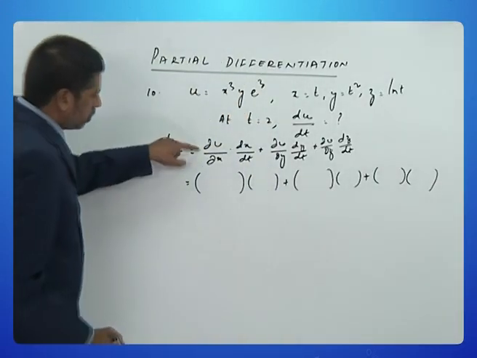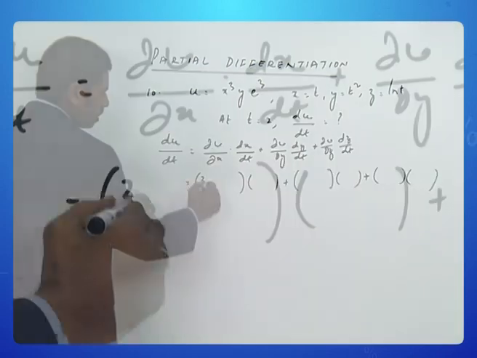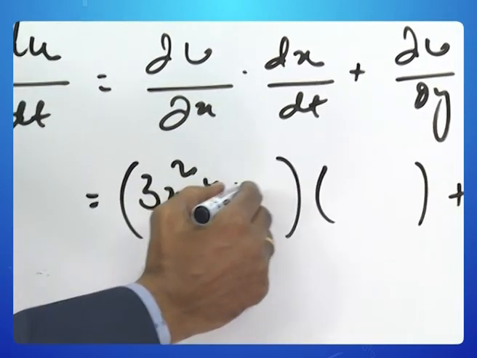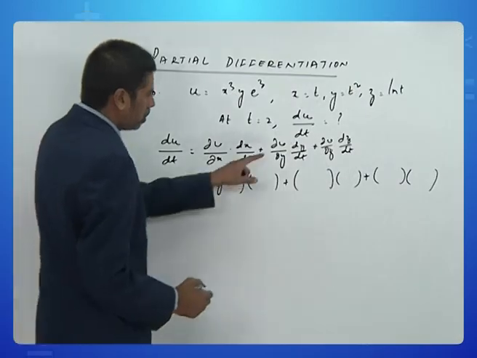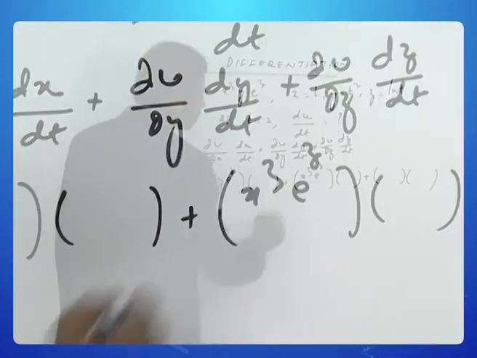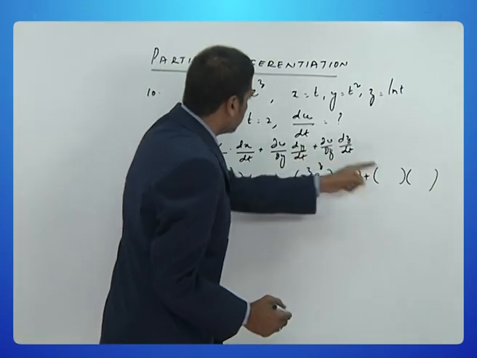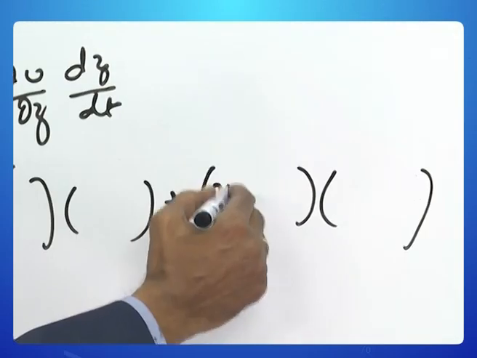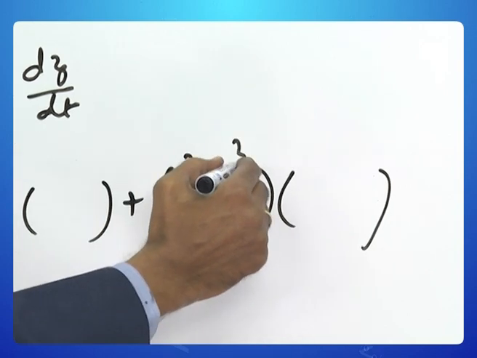Okay, dou u by dou x will be 3x squared y e power z. Dou u by dou y will be x cube e power z, and dou u by dou z will be x cube y e power z.